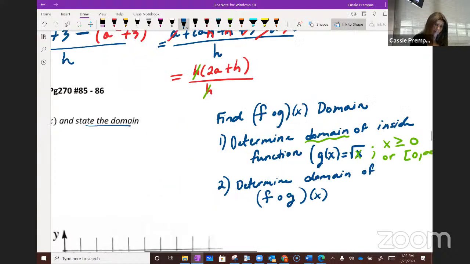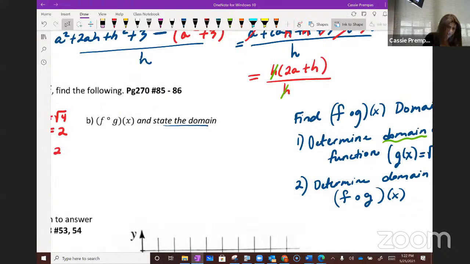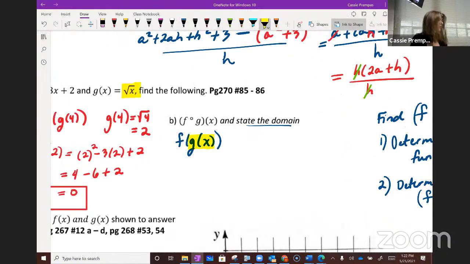So let's go back and start doing some math on this. f of g of x is the exact same thing as taking f of g's output. g's output is square root of x, so I'm going to put that in for function f. So I'm asking what is f when I put in square root of x.